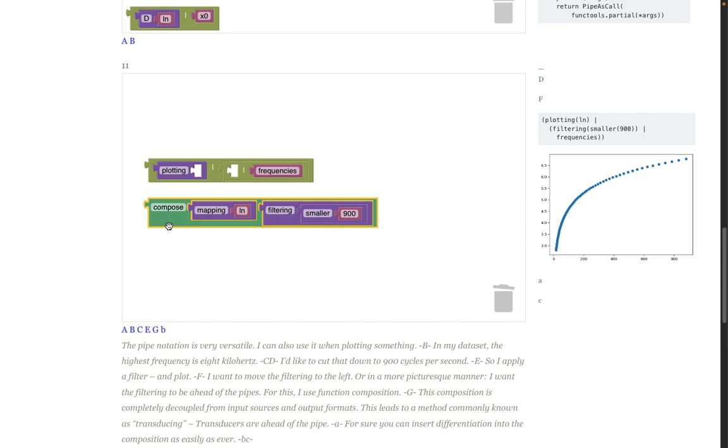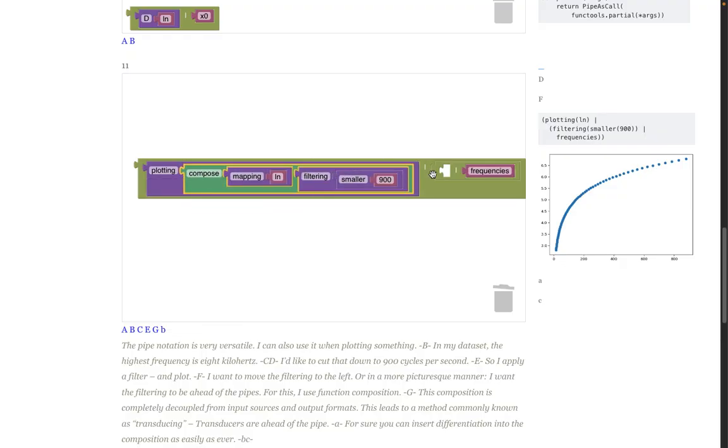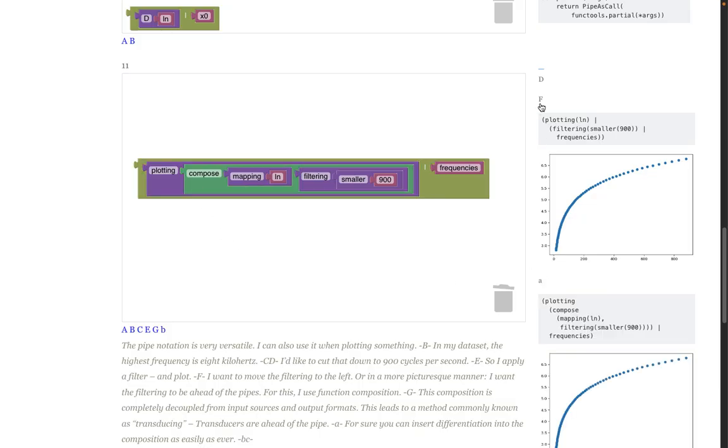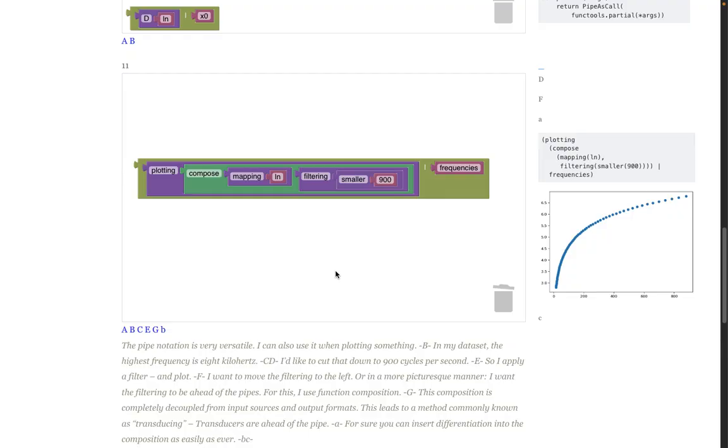This leads to a method commonly known as transducing. Transducers are ahead of the pipe. For sure, you can insert differentiation into the composition as easily as ever.